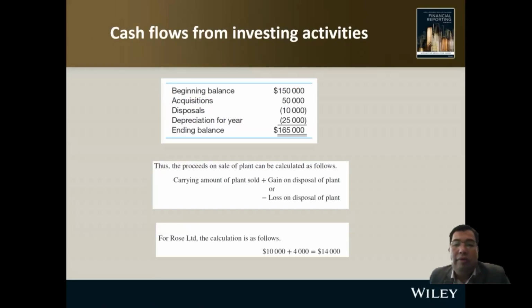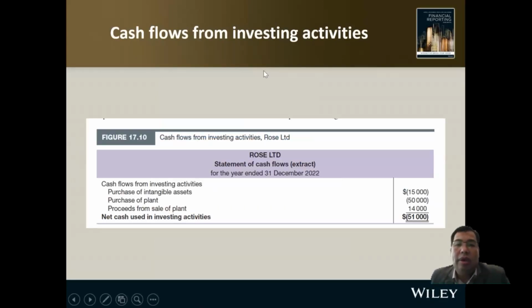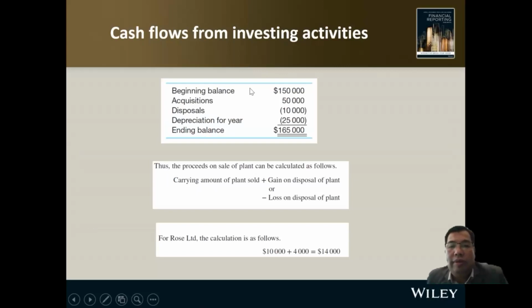Let us go to your investing activities. How are you going to do the calculation for your investing activities? You have your assets, for example, plant. Your beginning balance is 150,000. Your ending balance is 165,000.